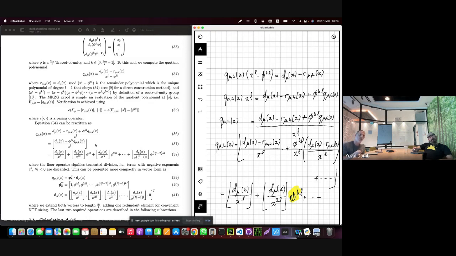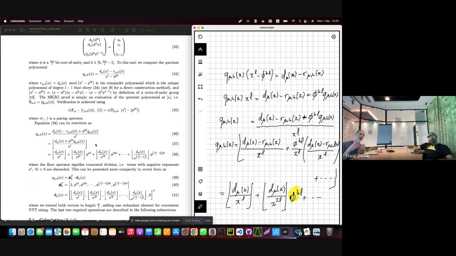Another thing to notice, and I'm not going to write this down, is equation 38. The order of d mu x, we know, is actually m minus 1. The degrees of freedom is m.